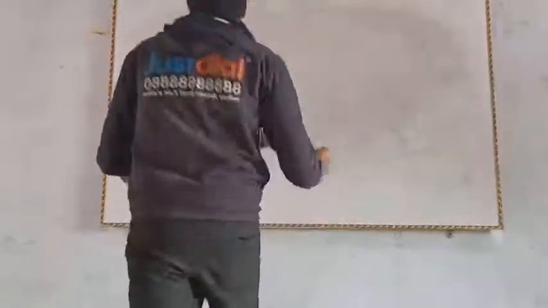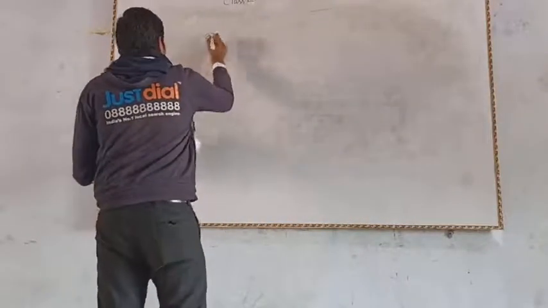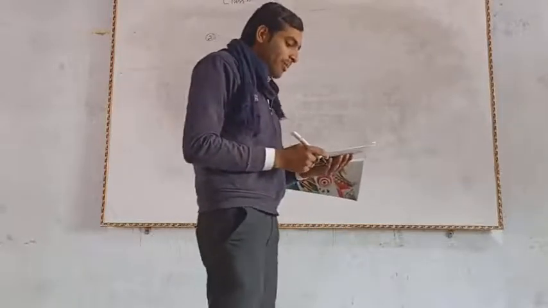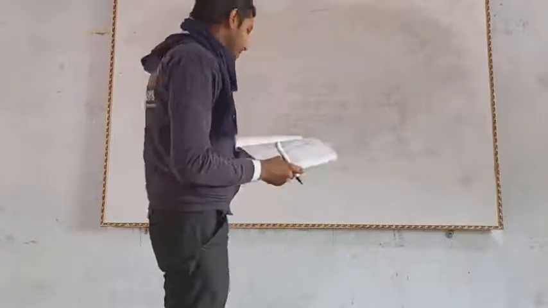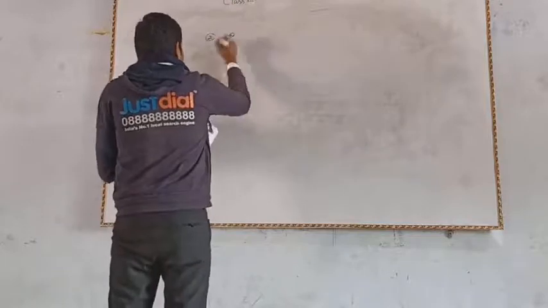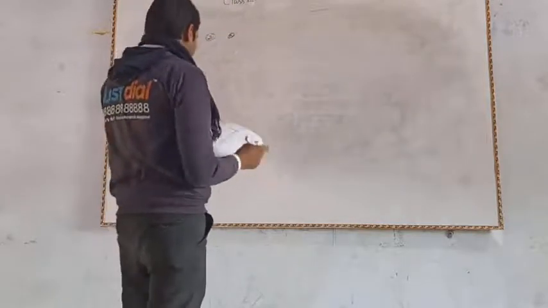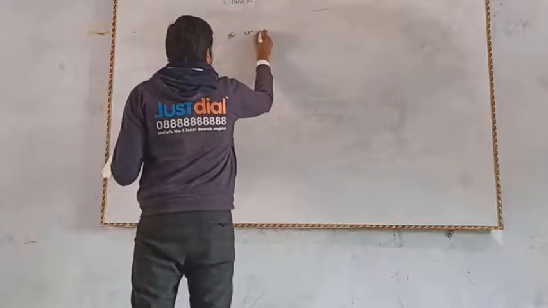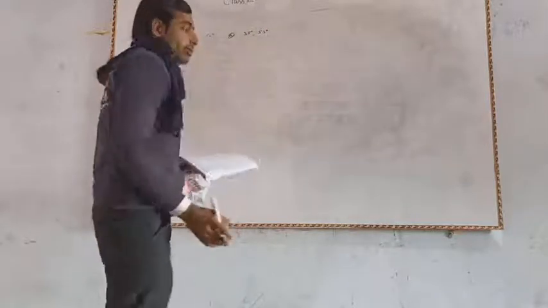In the next question, question number 2: identify which of the following pairs of angles are complementary and which are supplementary. In part A, you are given 35 degrees and 55 degrees.